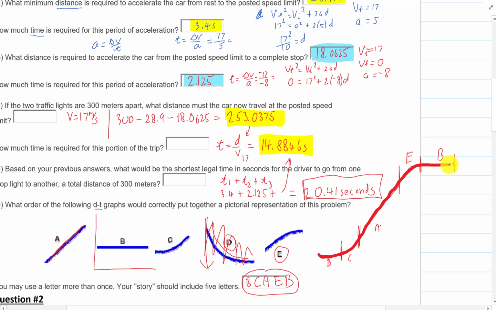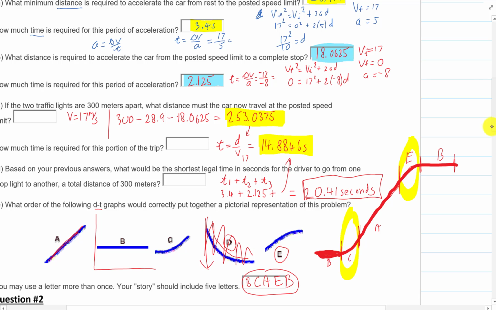Where is it curved? It's only curved here, and it's only curved there. B is a straight line beforehand. So it only curves in those yellow areas that I highlighted. That's the point where there was acceleration, and that's what we calculated. A is constant velocity. B is also constant, but it's constant at rest. A is constant at 17 in this question.